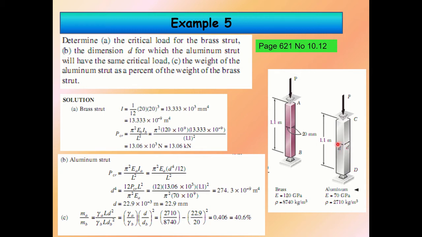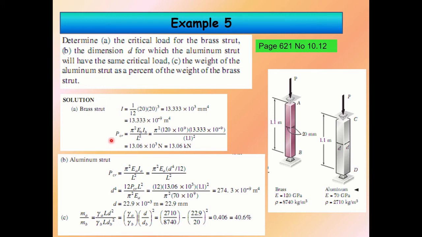You need to determine the D for aluminium if the load for brass is transferred to the aluminium. So this is data for brass, and this is data for aluminium. This is the E data. This is the density data. Number 3, you need to determine the weight of the aluminium rod as a percentage of the weight of the brass.